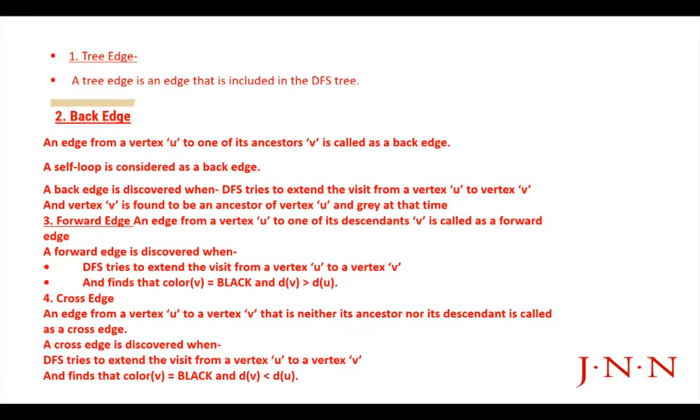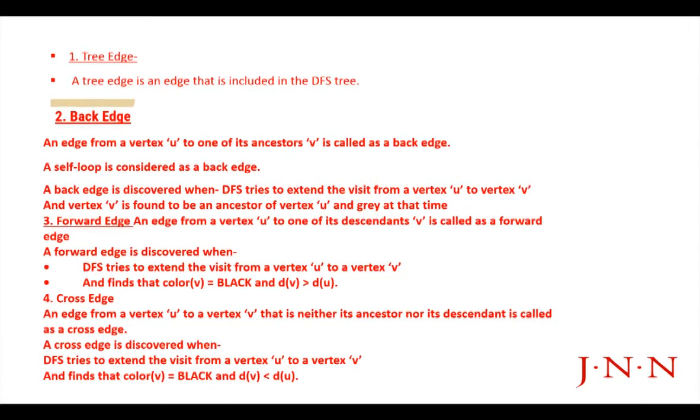Similarly, the back edge: an edge from vertex u to one of its ancestors v is called a back edge. Additionally, if a node or vertex contains any self loop, that is also considered a back edge.